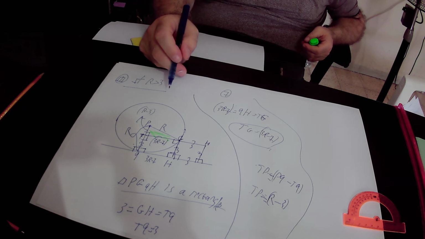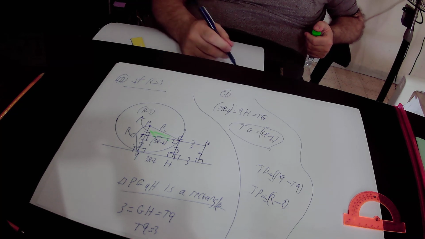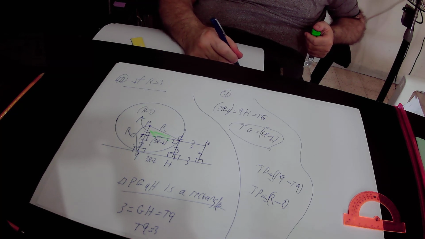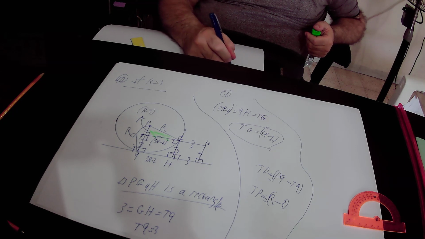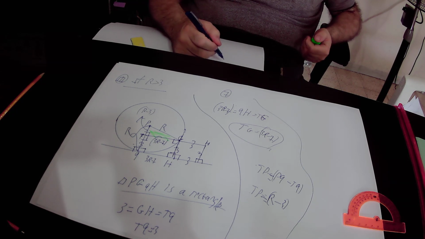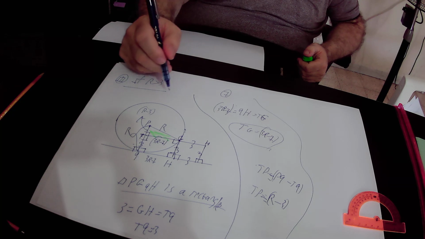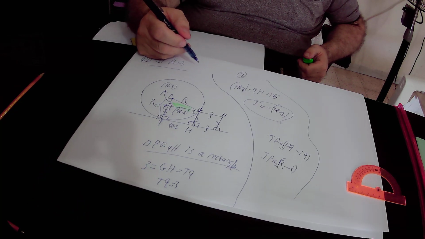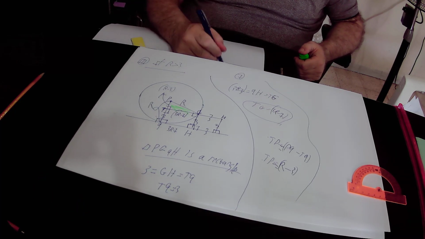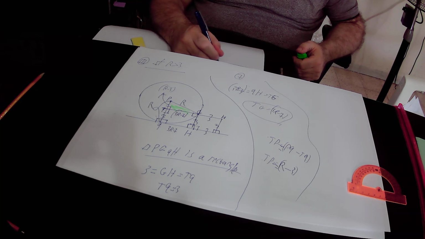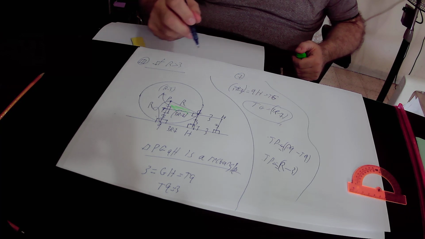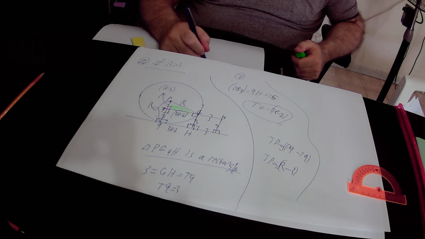The hypotenuse is PG, therefore the square of the hypotenuse is PG square. And it must be equal to the sum of the squares of the perpendiculars, that is PT square plus TG square.